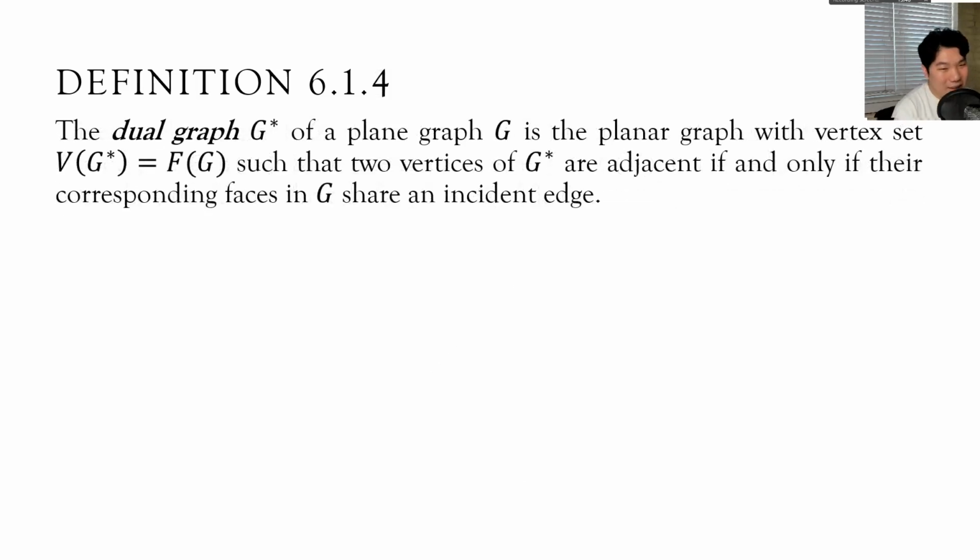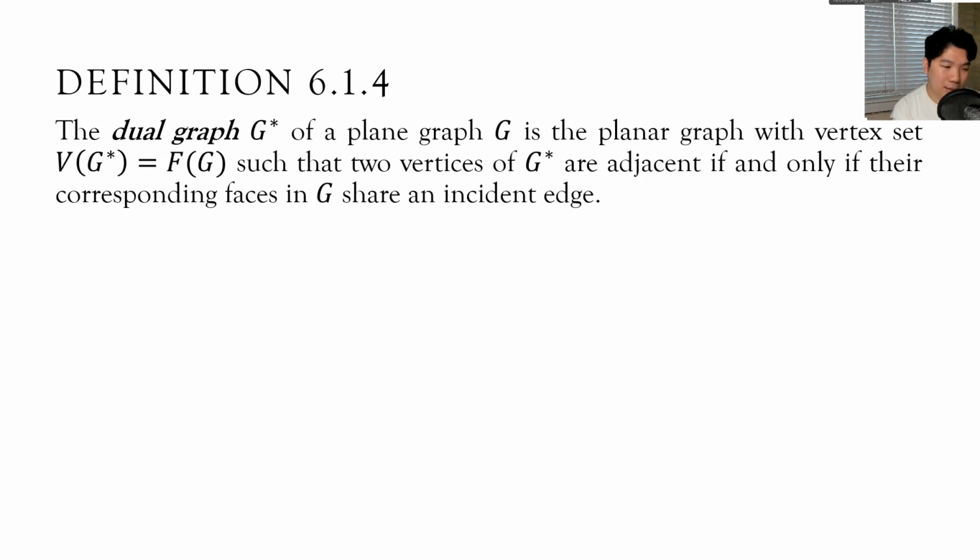The dual graph, which I call G star, of a plane graph, or planar graph, is a planar graph with the vertex set V of G star equal to F of G. In other words, the vertices of my dual are the same as the faces of my original graph, such that two vertices of G star are adjacent if and only if their corresponding faces share an incident edge. Now, what does that mean?